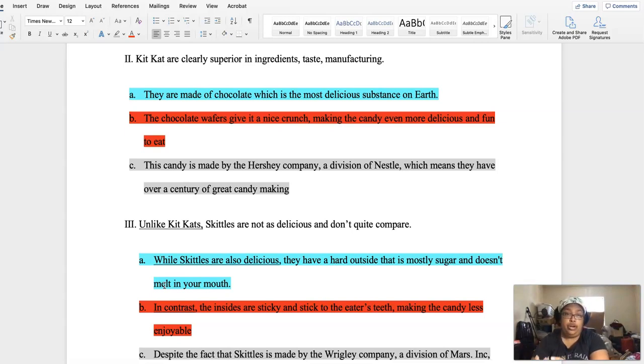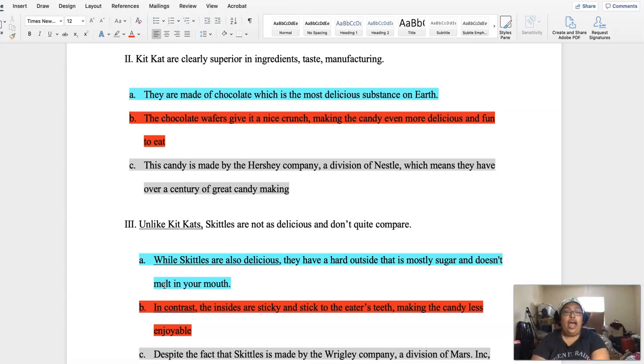For the other structure, I could just wing it. You may want to write topic sentences for each one of those. It just depends on who you are as a writer. Since you are beginning writers, I would highly suggest you write topic sentences when you're doing your outlines, because it just makes it easier at the end. When you're actually writing this thing, you're like, oh, that's one less sentence I have to think about, right?